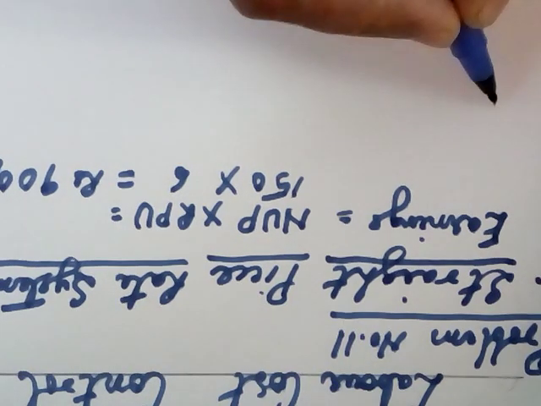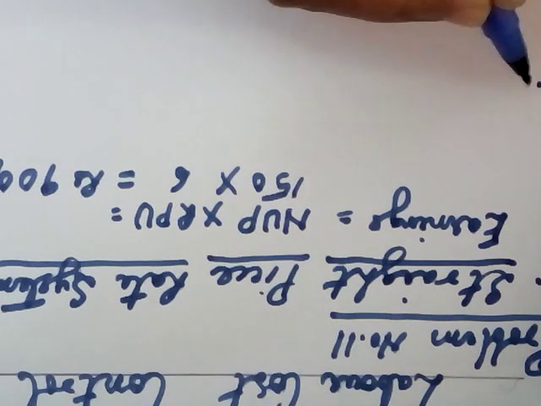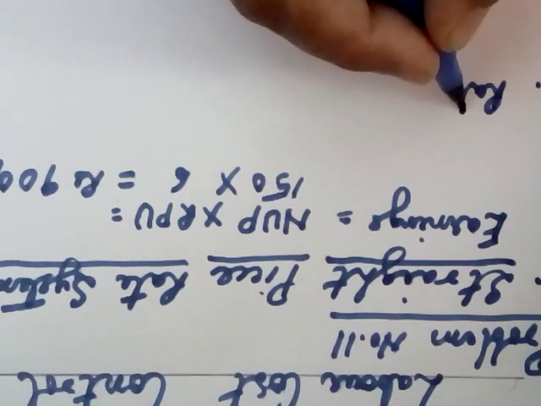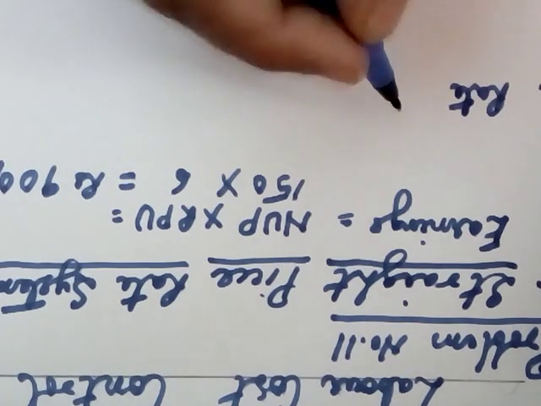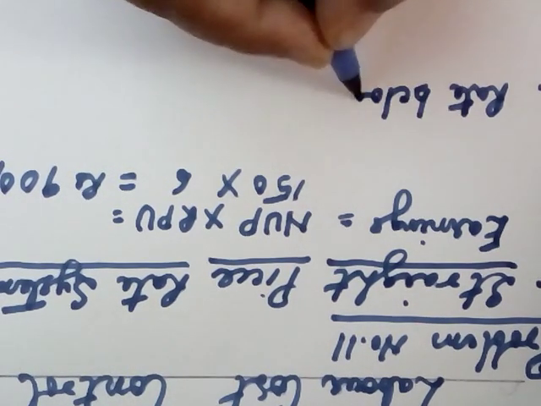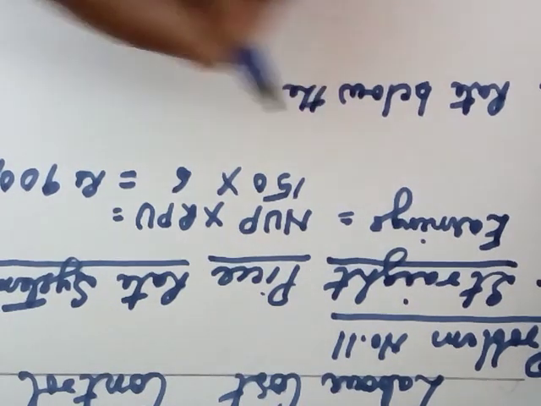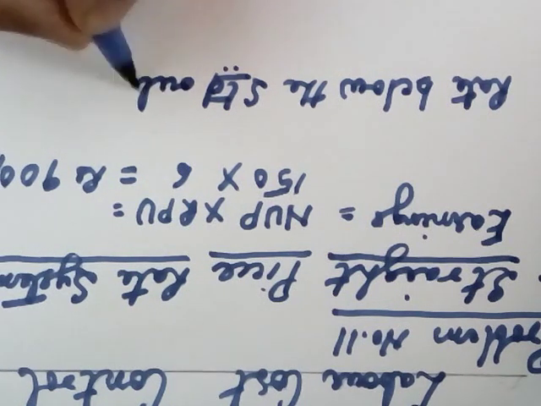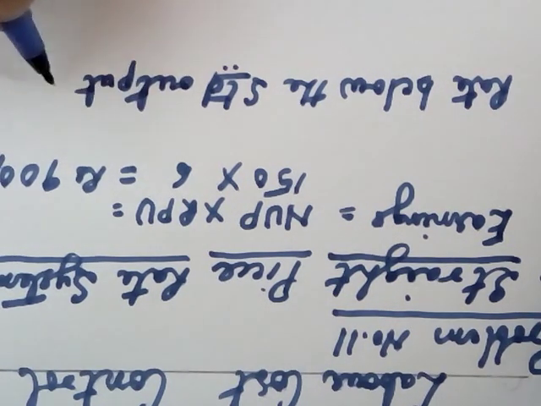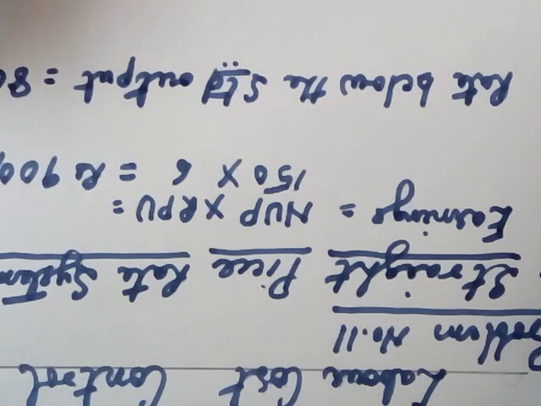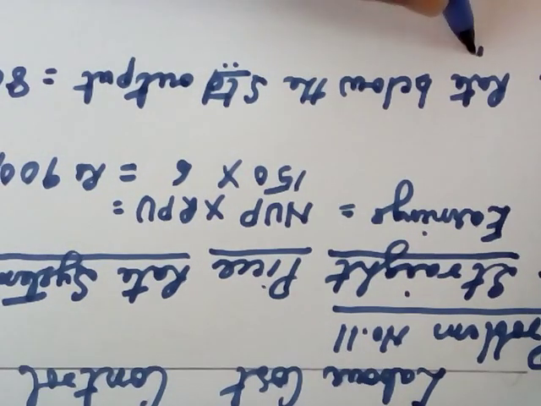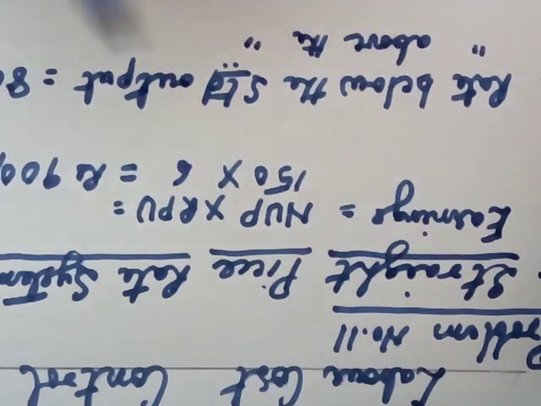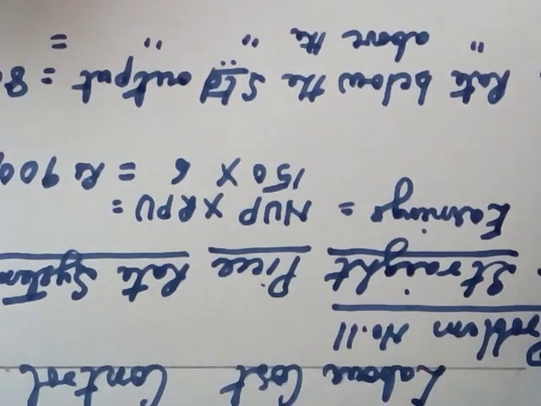If the output is below the standard, the rate is 80%, and if the output is above the standard, the rate is 120%.